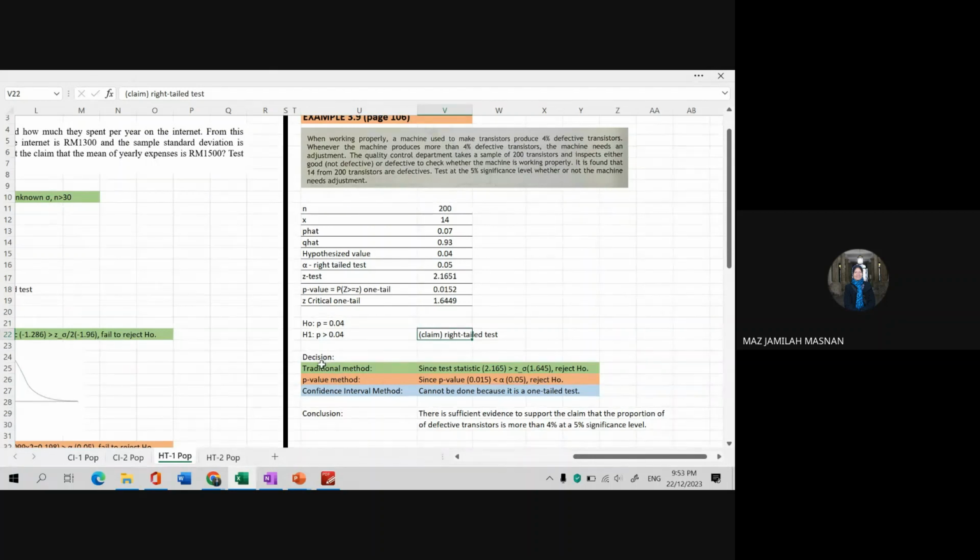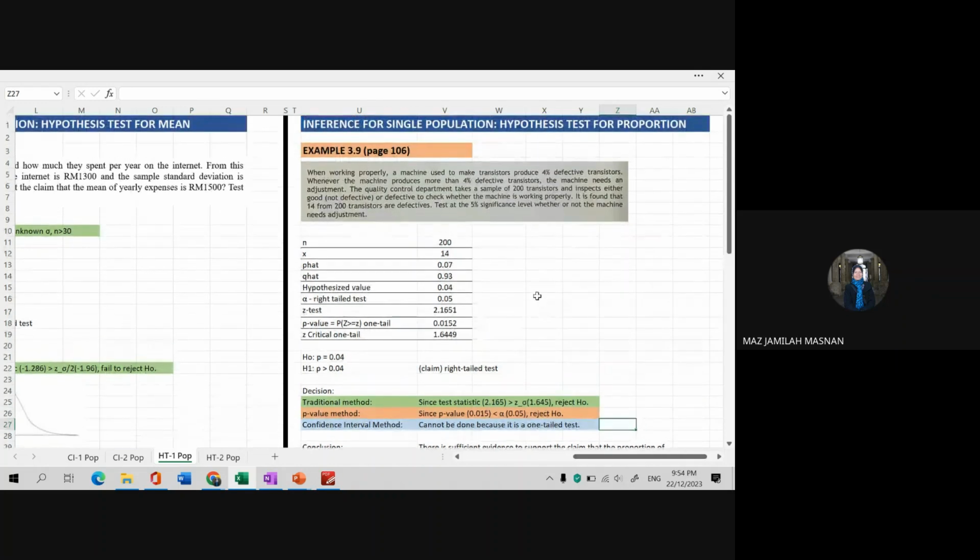The decision can be made based on the traditional method, the p-value method, or the confidence interval method. One thing that I did not mention quite a lot during the class is that for hypothesis testing, the confidence interval method only applies if the question is for a two-tail test. For a one-tail test, the confidence interval cannot be used in making a conclusion about your hypothesis testing.